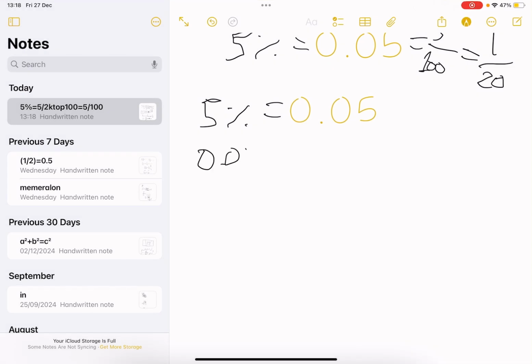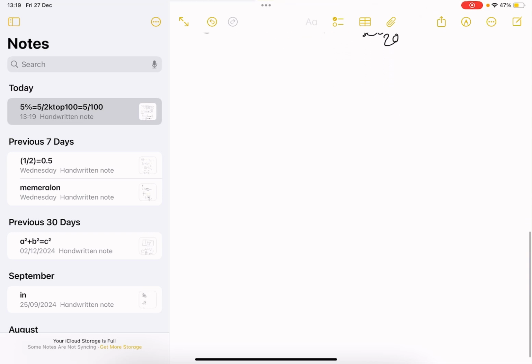Now you can do this the other way around. So 0.05 is equal to just 5%. Let me just make that a lot more clearer. Okay, does this make sense? And we know 5% is 5 over 100, which is simplified to 1 over 20. Does that make sense? Okay, I'm sure that's making sense.